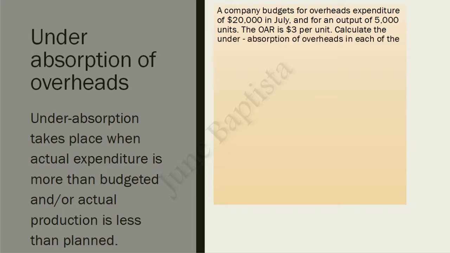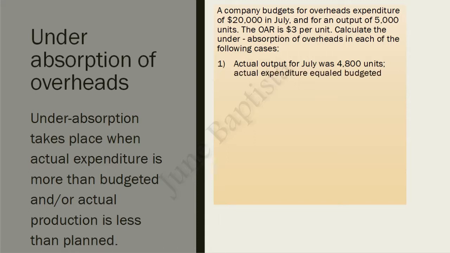Calculate the underabsorption of overheads in each of the following cases. Case 1. Actual output for July was 4,800 units. Actual expenditure equaled budgeted expenditure. The answer: there is an under recovery of overheads of 200 times 3 equals to $600.